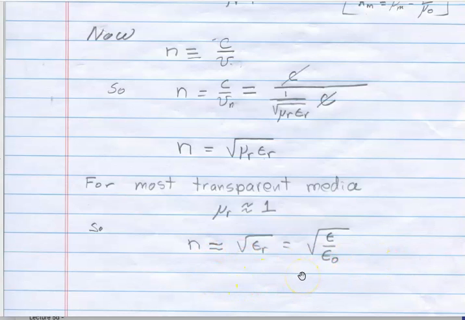So Maxwell's theory, really electromagnetic theory, led to the electromagnetic theory of light, and that became well established as time wore on in the late 19th century.